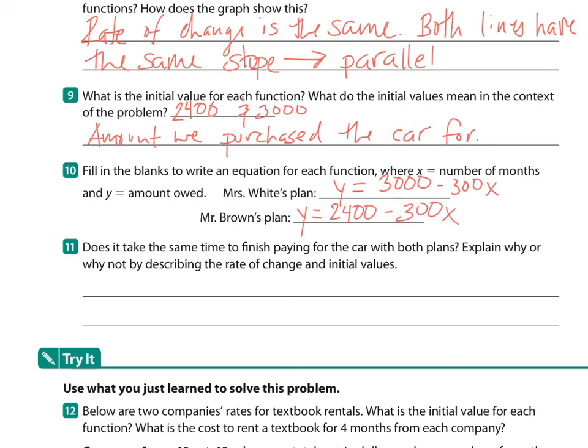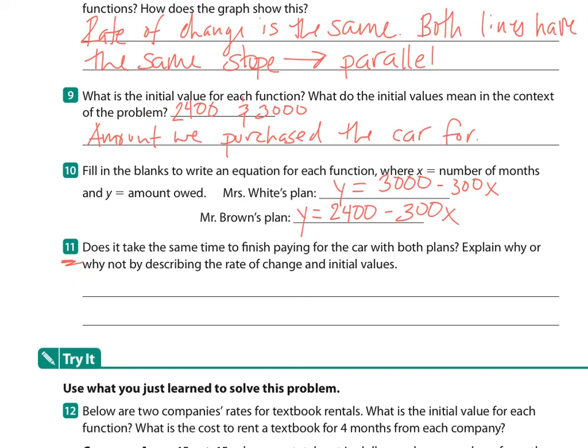Because they both have the same rate of change, it leads into question 11. Does it take them the same time to finish paying for their cars? I mean, they're paying the same amount on them, so shouldn't that be the same amount of time? No, not at all. Why not?